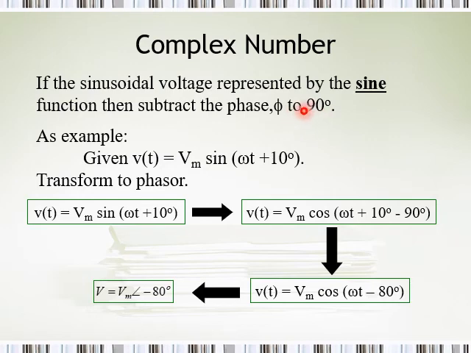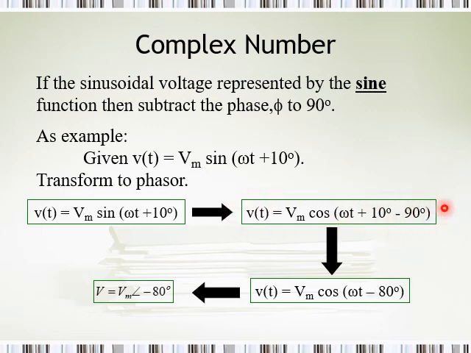As example, we have the sine wave equation Vm sine omega t plus 10. So we have the sine equation here, sine instead of cos. So we convert this first into cos. So we minus 90 degree. So it becomes Vm cos omega t plus 10 minus 90 degree.